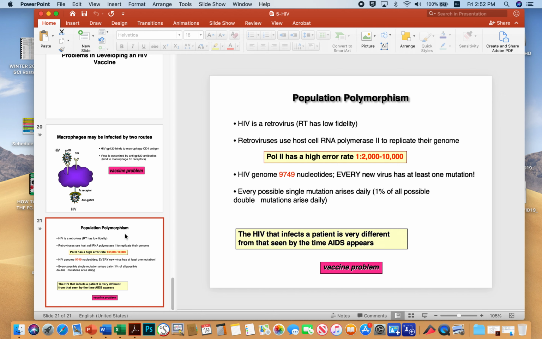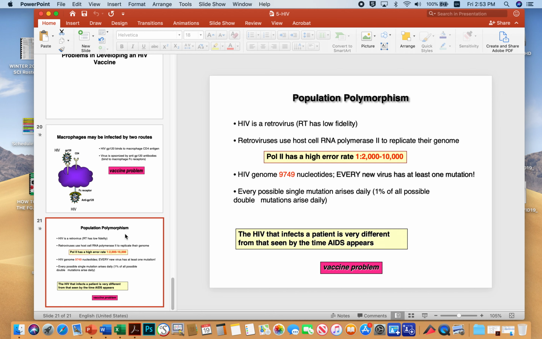However, some of them will be perfectly mutated to the point where they become the next successful generation. And if you're an HIV positive individual, you're producing tens of billions of virus particles every day. So there's high likelihood that a few of those are going to be a royal flush and cause even more infections.